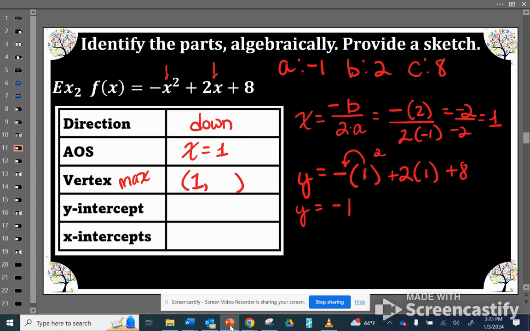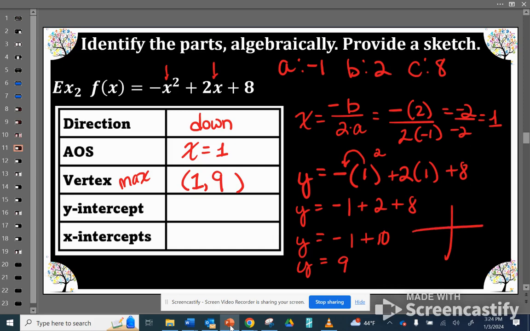This is a very common mistake, is folks want to square negative 1, but you square exponents first, then you multiply. And then we have 2 times 1, and then plus 8. So we have y equals negative 1 plus 10, and our y coordinate is going to be 9.